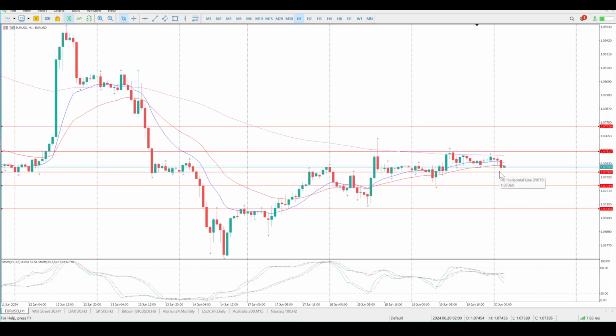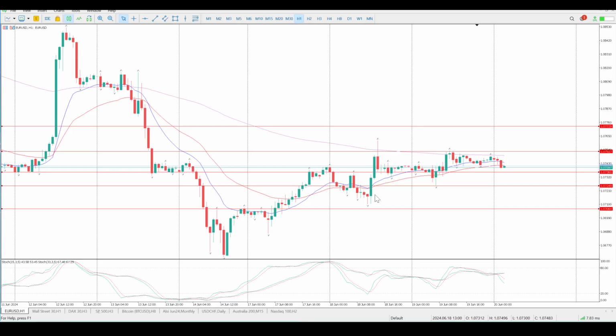So a break below 107.360, I think you've got a strong possibility of being caught here at 107.250. Break below that, then you'll be looking at this, but you can see there are areas where you could get caught out pretty quickly.